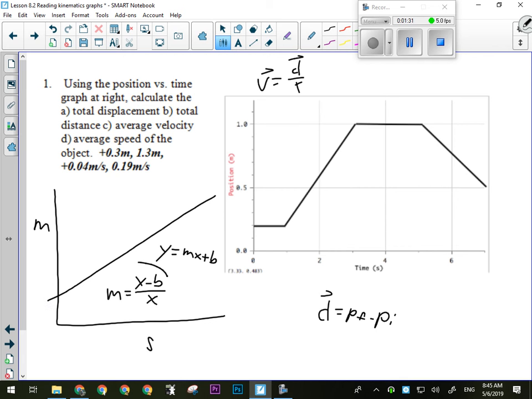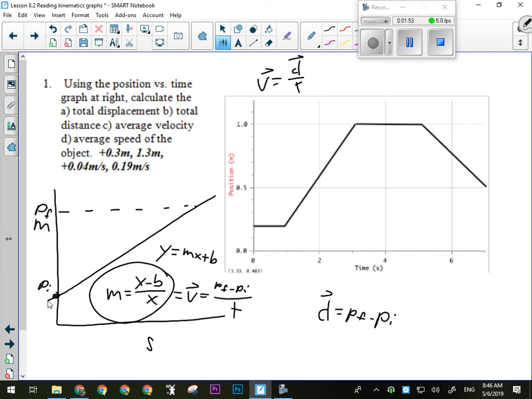And that's, of course, where this formula equates to this, okay? Velocity is displacement, which is final position minus initial position, divided by time. Y would be our final position, B would be our initial position, and X would be our time. Okay, so that's where those two formulas go together.